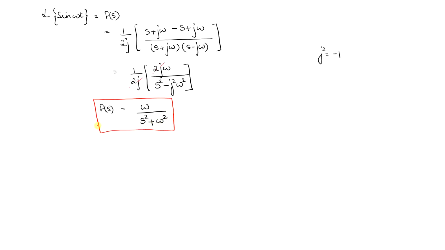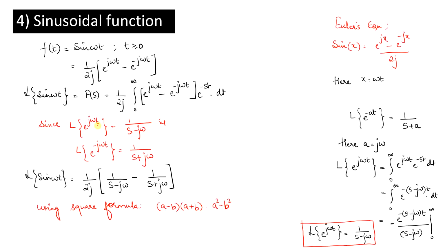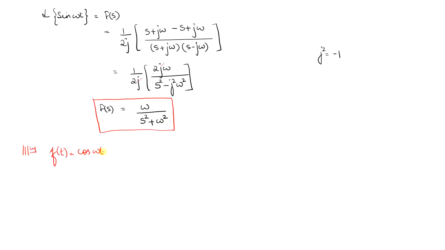So in similar terms, we can find out the Laplace transform of a signal cos omega t. In this case, you have to remember Euler's equation for cos omega t: cos x is equal to e power jx plus e power minus jx divided by 2.